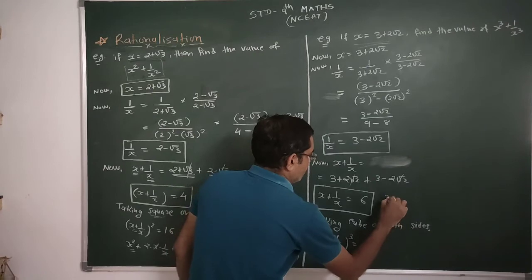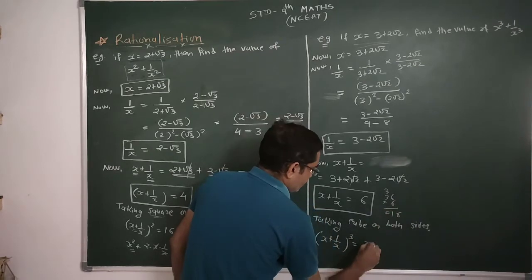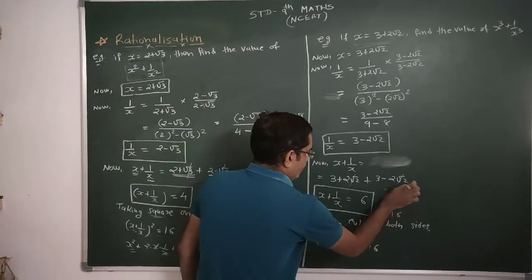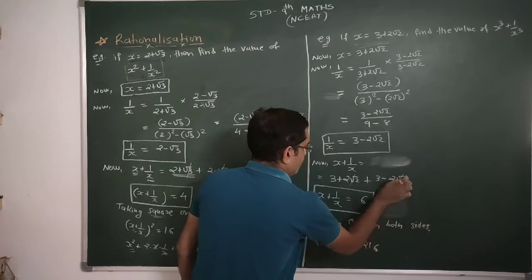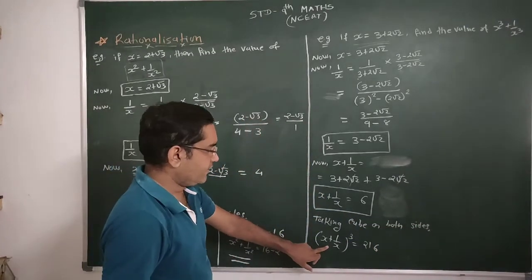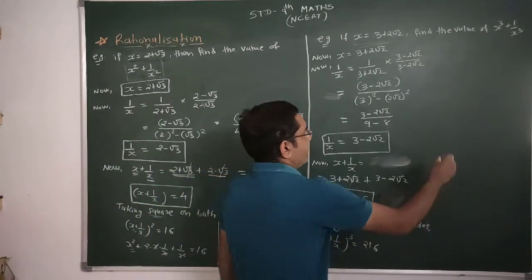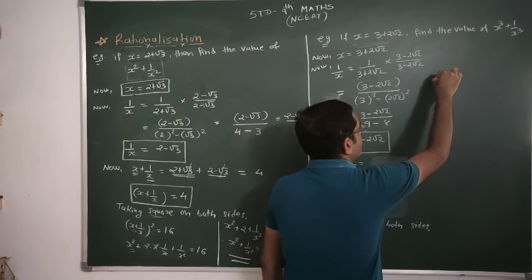How much will it be? 36 into 6 is 216. So 6 cube is 216. Done? Now x plus 1 by x whole cube equal to 216. So what is the expansion of a plus b whole cube?